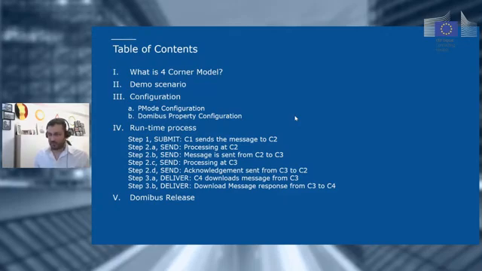We'll have a quick look through the configurations, and in the runtime process we will see how our backend can send a message to the access point, the processing steps at the sender access point, how a message is sent to the receiver access point, and finally how the final recipient can download the message from the receiver access point.